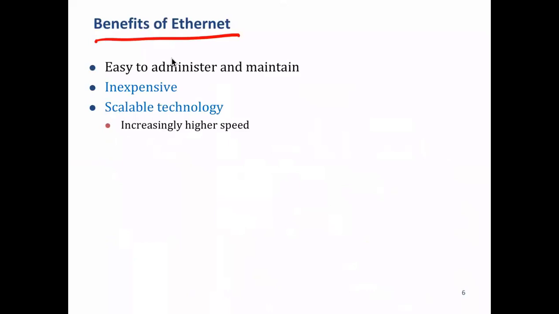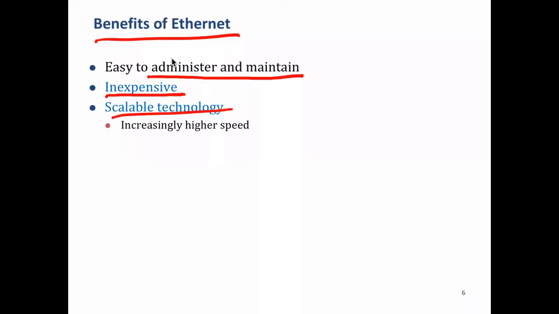It's a very simple protocol, and it's very easy to install and maintain. You don't actually need any expert to install a network at home, right? It's very simple. And it's very cheap; the cheapest Ethernet switch will cost just a few dollars. And it's a scalable technology.